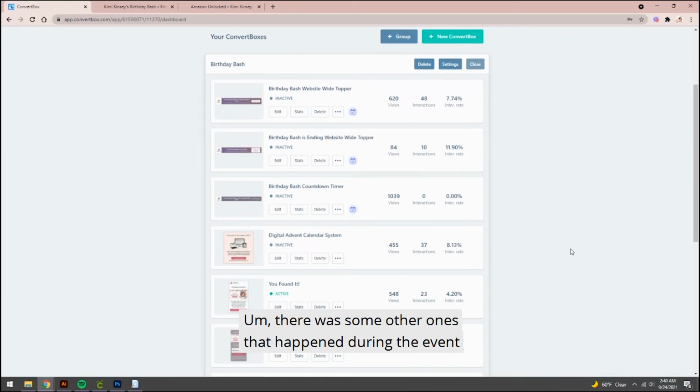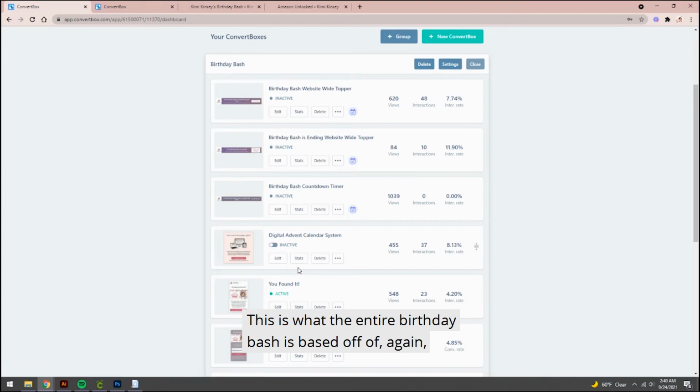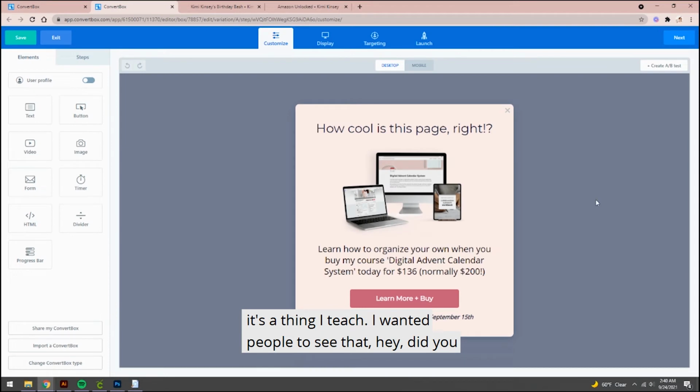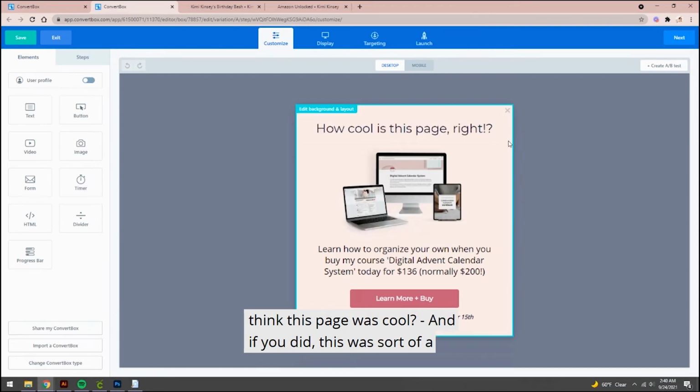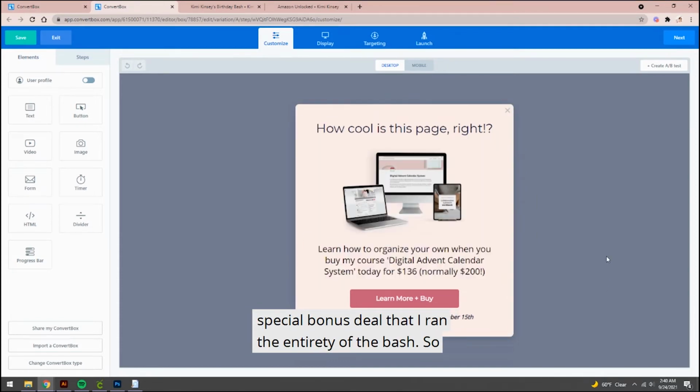There were some other ones that happened during the event, such as this one here called Digital Advent Calendar System. This is what the entire birthday bash is based off of. Again, it's a thing I teach. I wanted people to see that, hey, did you think this page was cool? And if you did, this was sort of a special bonus deal that I ran the entirety of the bash.